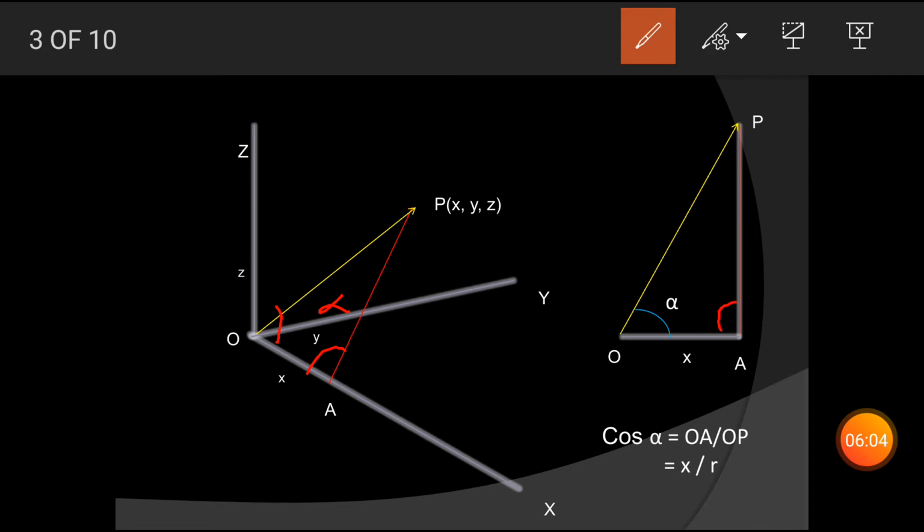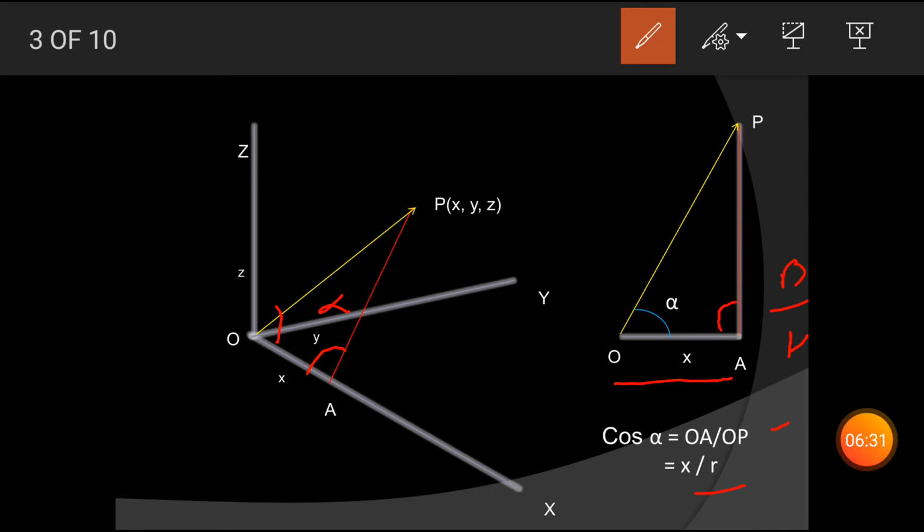So alpha is this. Now how to find cos alpha? Cos alpha is the direction cosine value of this alpha. So cos alpha will be base upon hypotenuse, and base is OA and hypotenuse is OP. So OA upon OP. And what is OA? That is small x. And what is OP? OP is the magnitude of this position vector, and that is nothing but r.